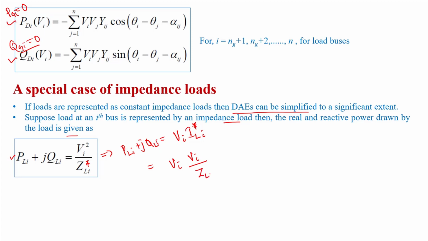Because it is a constant impedance load, I can write VI by ZLI conjugate. So this will give me VI into VI conjugate, all complex quantities. So it is nothing but VI square by ZLI conjugate.